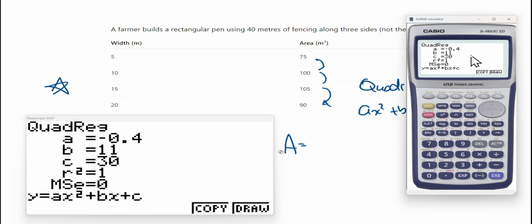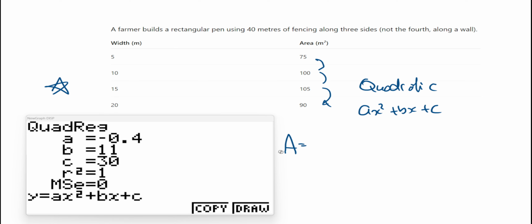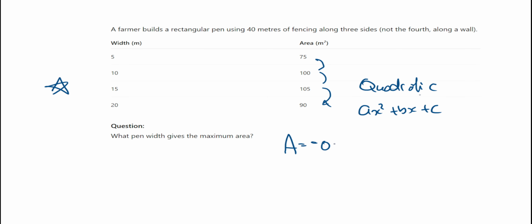Okay, so the answer being, so the area is going to be minus 0.4 times the width squared plus 11 times the width plus 30.